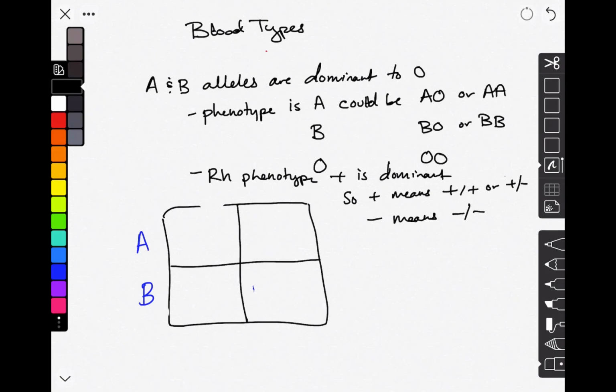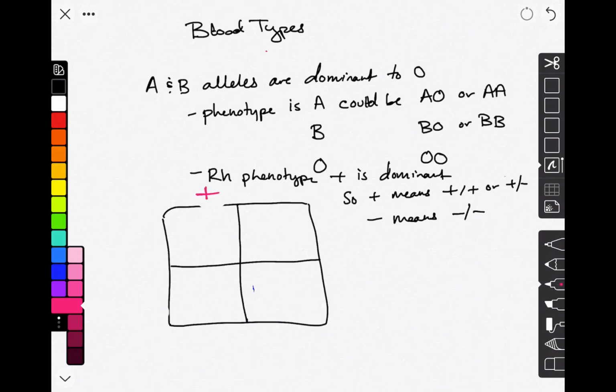So now let's think about the parents. And we'll say maybe mom is a plus minus, and we'll make dad a minus minus. And this means that 2 of the kids end up plus, positive, and 2 of the kids end up negative.